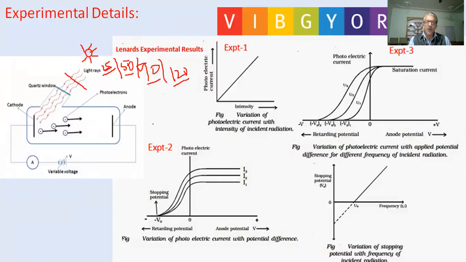Then we plot a graph between photoelectric current and the intensity. It is a straight line. It shows that the intensity of light, or intensity of these photons which fall on the cathode, is proportional to the current, and therefore we have established the first law of photoelectric effect.